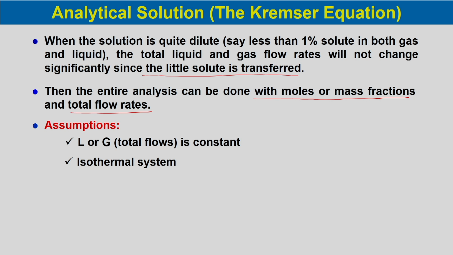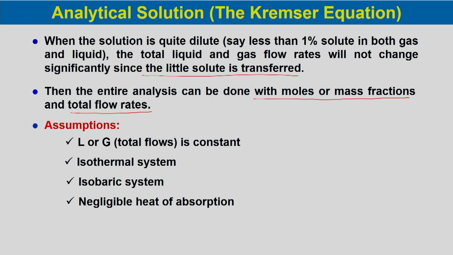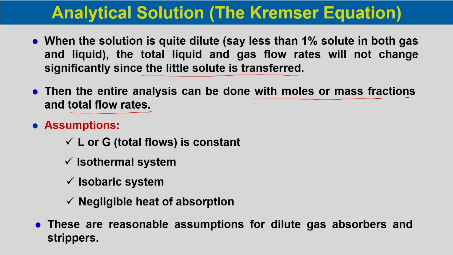Then isobaric system, the pressure remains constant, and negligible heat of absorption. So, the heat of absorption should be negligible, and it will behave like an ideal solution. These are reasonable assumptions for dilute gas absorbers and strippers.